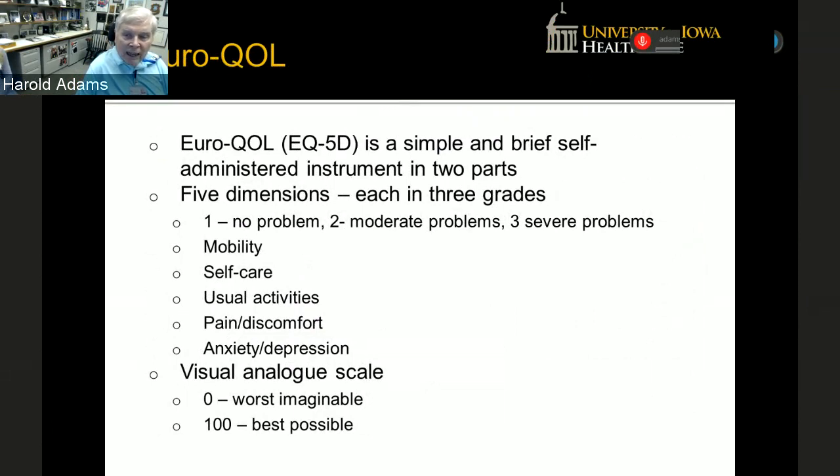In addition, a scale is given, with 100 being the best possible score and 0 being the worst imaginable, where the patient is supposed to mark a line where they think they are. So this scale, the EuroQol, has been used, and I think it has real promise for a wide variety of research trials in neurology, not just stroke.